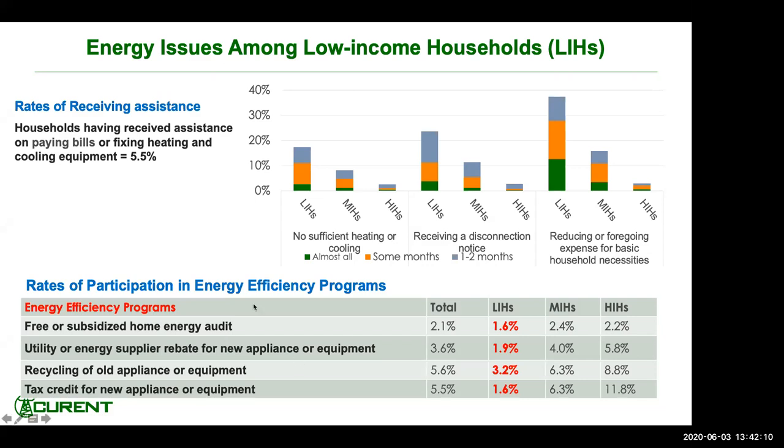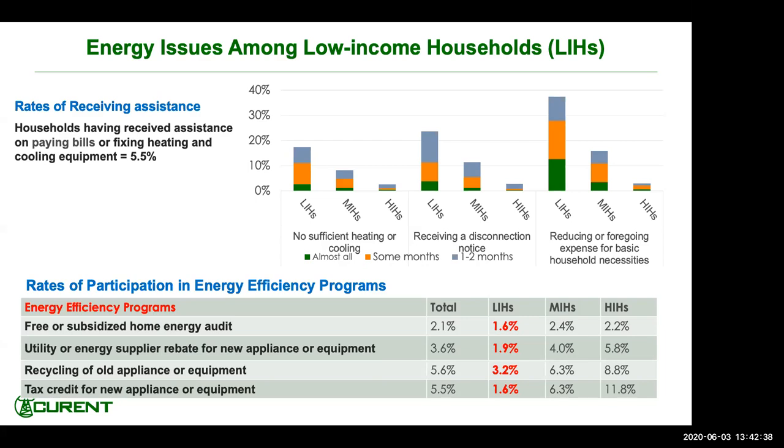And then in terms of energy efficiency programs, if you look at the participation rates from low income, high income, and middle income, the low income people score very low on everything. For example, the subsidized home energy audit, utility or energy supplies, rebate programs, recycling of appliances, the tax credit.